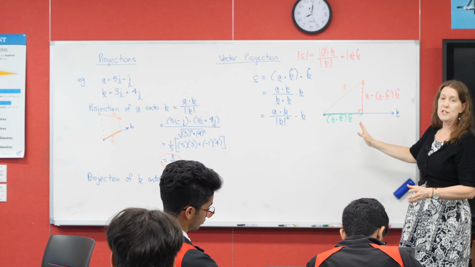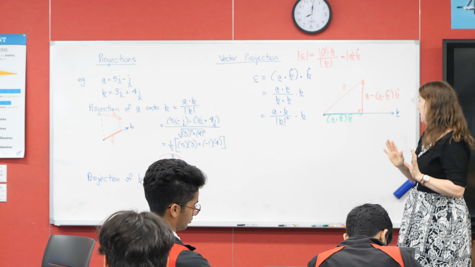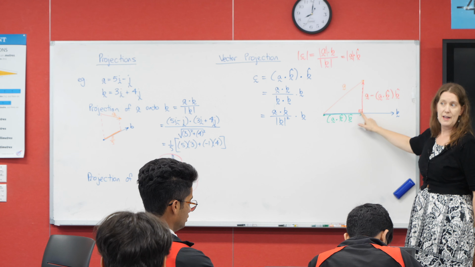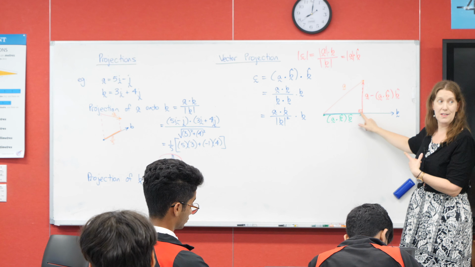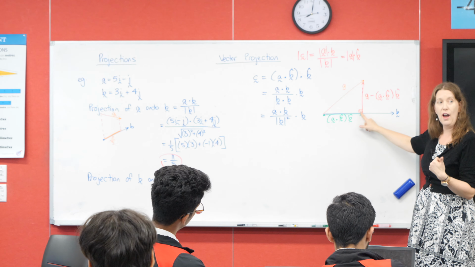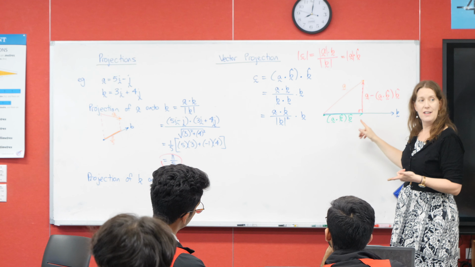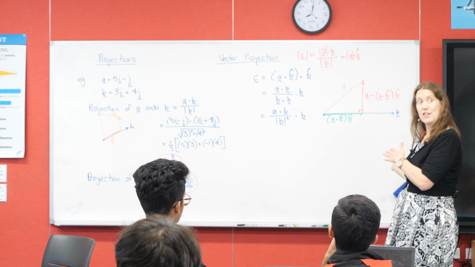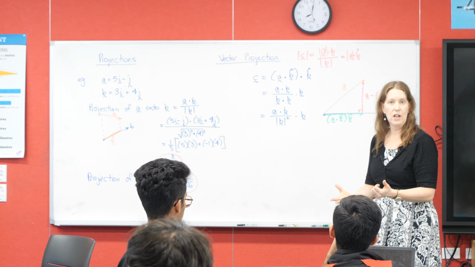Even though I've drawn these really nicely to be horizontal and vertical, they don't need to be. The only thing they need to be is perpendicular to each other. A special note here, you've already been doing this with your component form where you resolved something into an i and a j direction. i and j are perpendicular to each other. They're both unit vectors, so you've actually already been doing this. It's just formalizing that notation a little bit more.